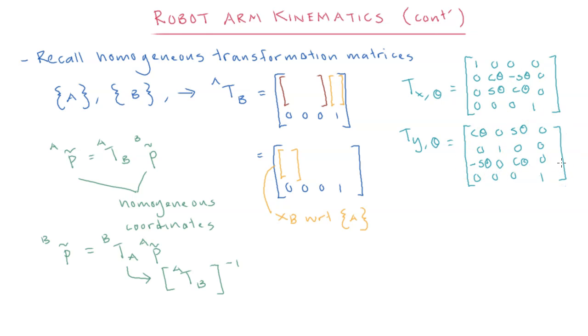And finally, if we have rotated a coordinate frame about the z-axis, the homogeneous transformation matrix would look like this. By the way, c theta here is cos theta and s theta here is sine of theta.